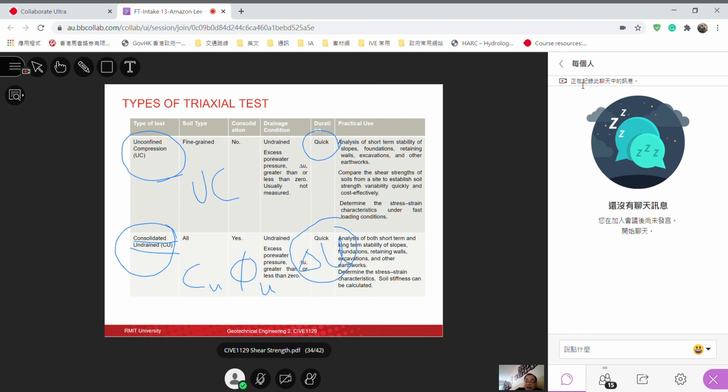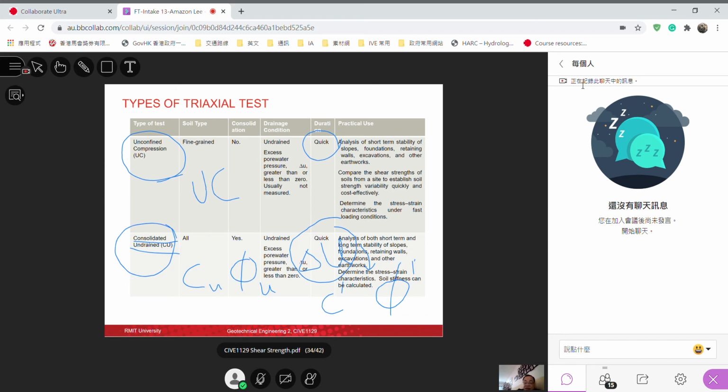From that we can deduce the drained cohesion intercept and drained angle of friction.